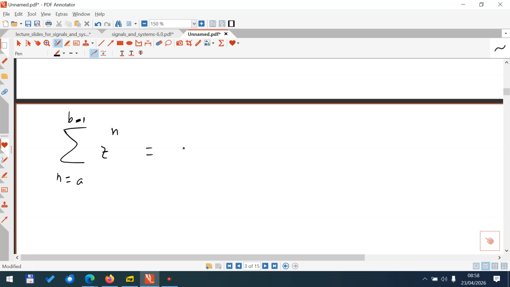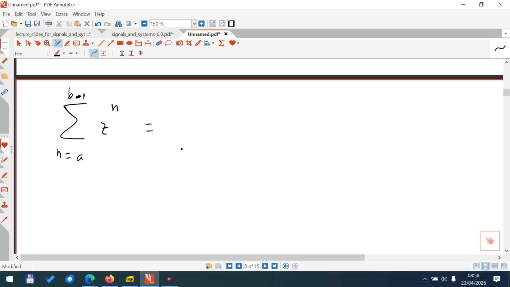So can you say something about this sum? It looks like a geometric series, right? What can you recall from your courses on sequences and series?